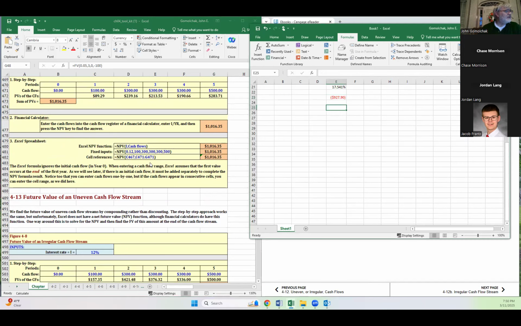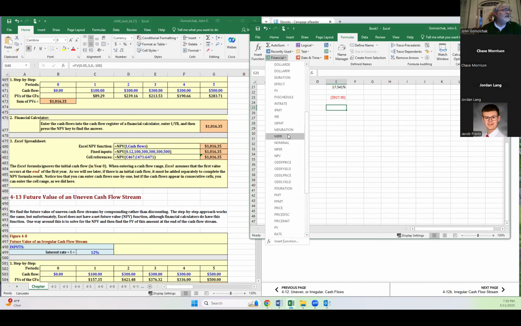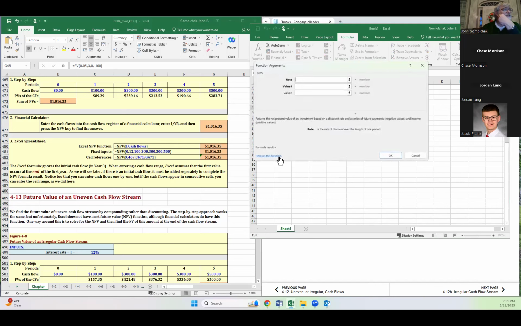All right, so we're going to end up with net present value of cash flows, financial, for the NPV, returns a net present value of an investment based on a discount rate and a series of future payments, negative values, and income positive values. So let's hit our net present value. The rate we know is 12%. That was given to us on the timeline.